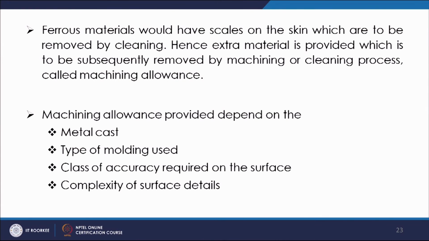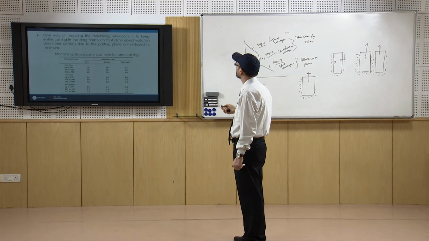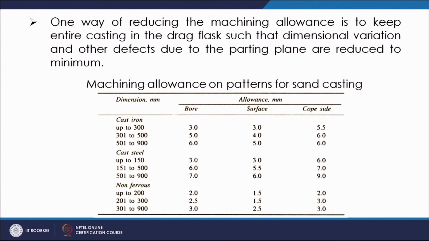So, machining allowance depends upon which metal you are casting, the type of molding used, the class of accuracy and complexity that we have already discussed, and what kind of accuracy we want. One way of reducing the machining allowance is to keep the entire casting in the drag flask, so that dimensional variation and other defects due to the parting plane are reduced.